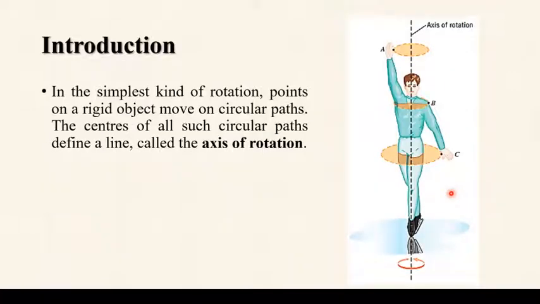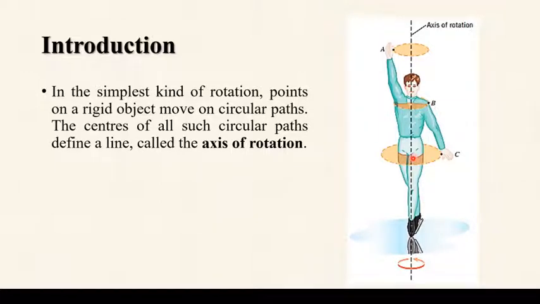Before we proceed to the calculation, there's another very important term that we have to know, which is known as the axis of rotation. In the simplest kinds of rotations, points on a rigid body move in a circular path. The center of all such circular paths defines a line called the axis of rotation. If you look at this diagram, how are we going to analyze the rotational motion of an object?